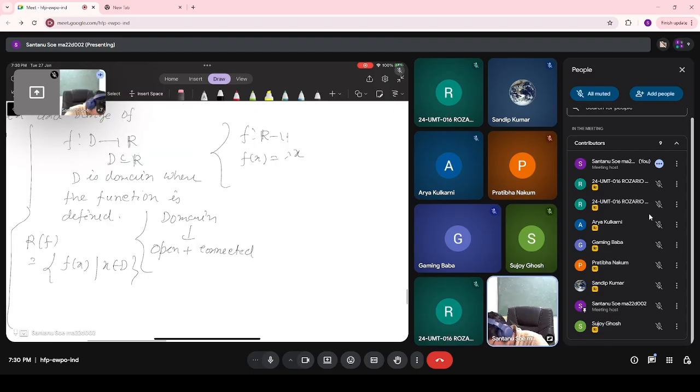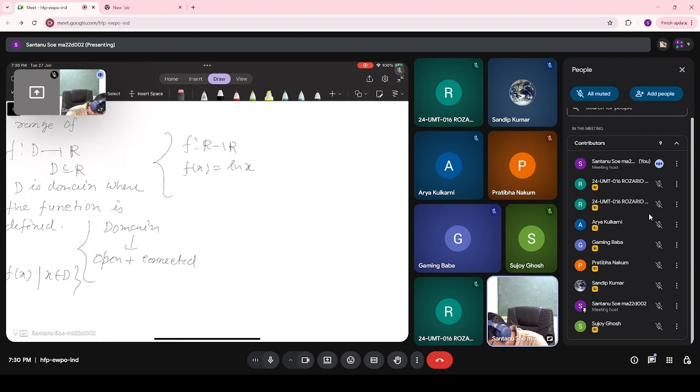The graph of the logarithm function is this one, correct? This point is 1 comma 0. From here we can see that this function does not take any negative value, or even the value 0. If you take any value less than or equal to 0, the logarithmic function is not defined, because the function is only defined for x strictly greater than 0.